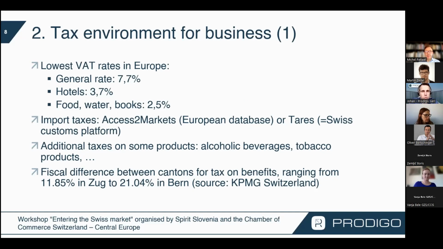There are also reduced rates for hotels and essential products such as food, water, or books. So 2.5% for food, water, and books, and 3.7% for hotel services. So you have to consider this in your price setting when selling in Switzerland.